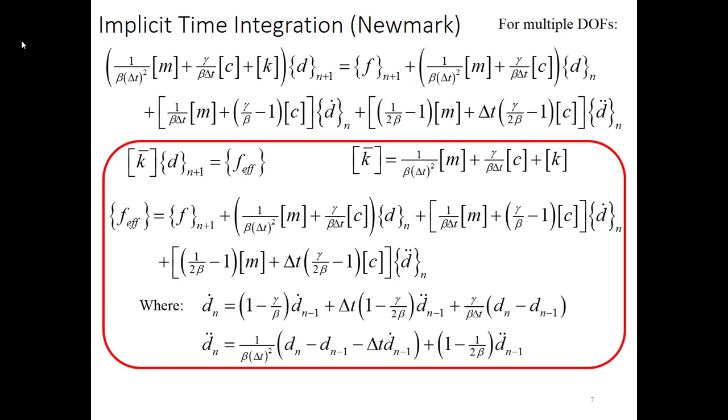Lastly, in order to run this, I need some initial conditions. I need to know my current speed, my current acceleration, and my current position. That's all the information you need to start moving forward in time. What you do is analyze that k bar times dn+1 equals F effective equation at every time step. It's sort of like doing a static analysis at every single one of your time steps.